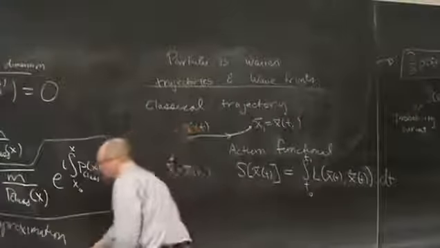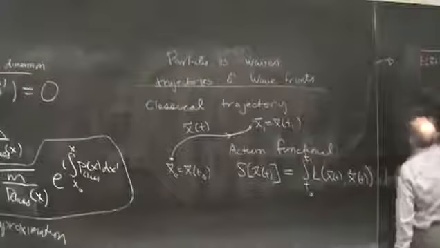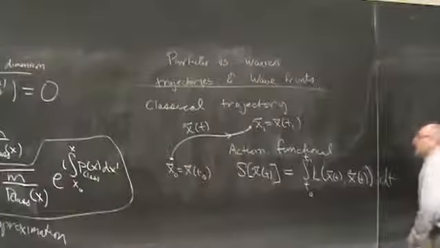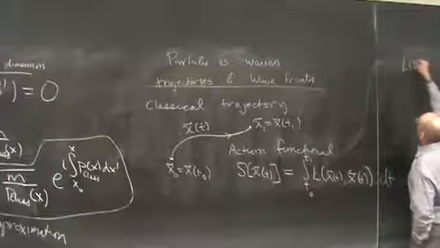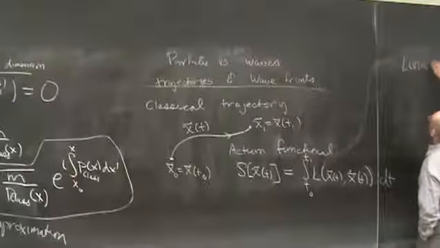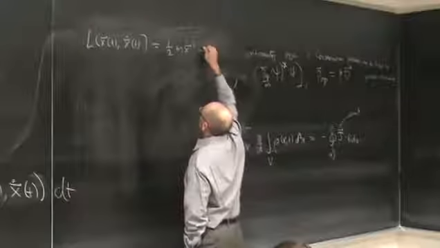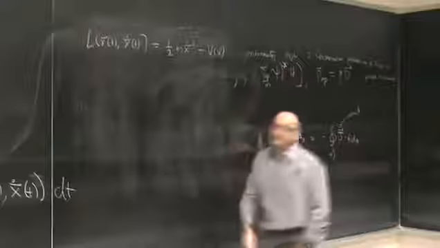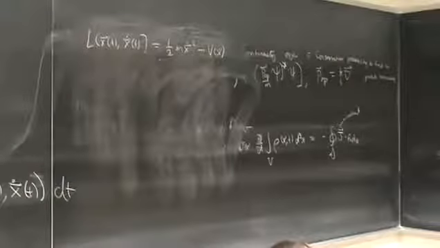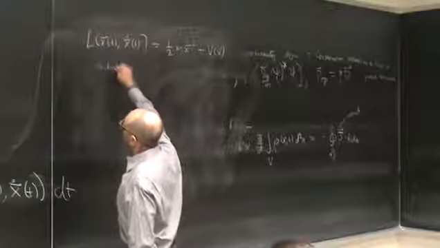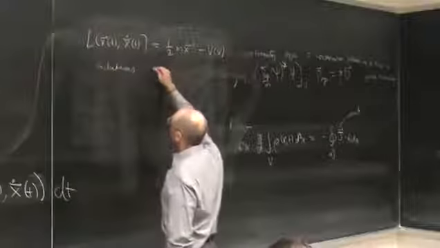Okay? The Lagrangian for this simple case of a particle moving in a potential is the kinetic energy minus the potential energy. Right? And we know the solutions, the Euler-Lagrange equations.